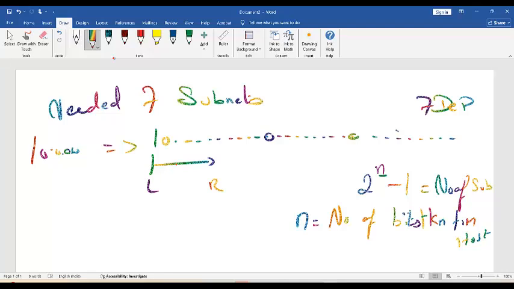I told you to take from here, and I want 7. So if I take just one bit, it is 2 to the power of 1 minus 1. I won't get any subnet. So just taking one bit is not enough. Tell me how many bits I should take. If I take 2 bits, you get 4 minus 1, which is 3.